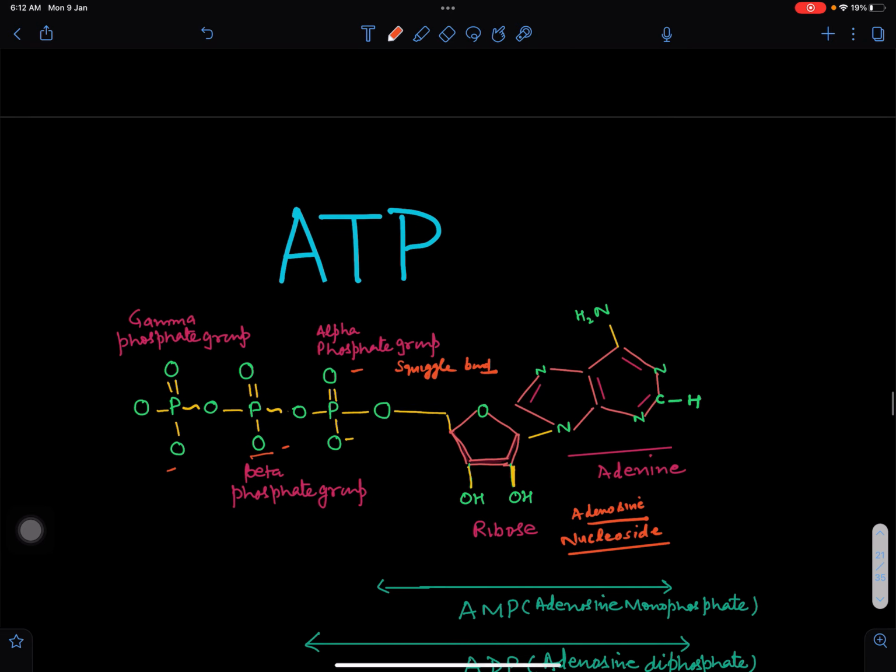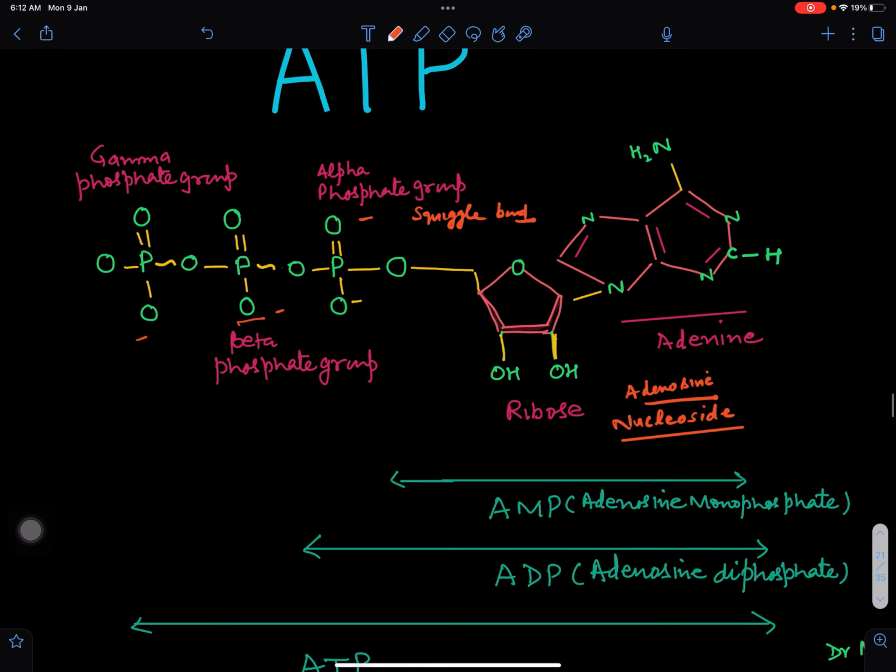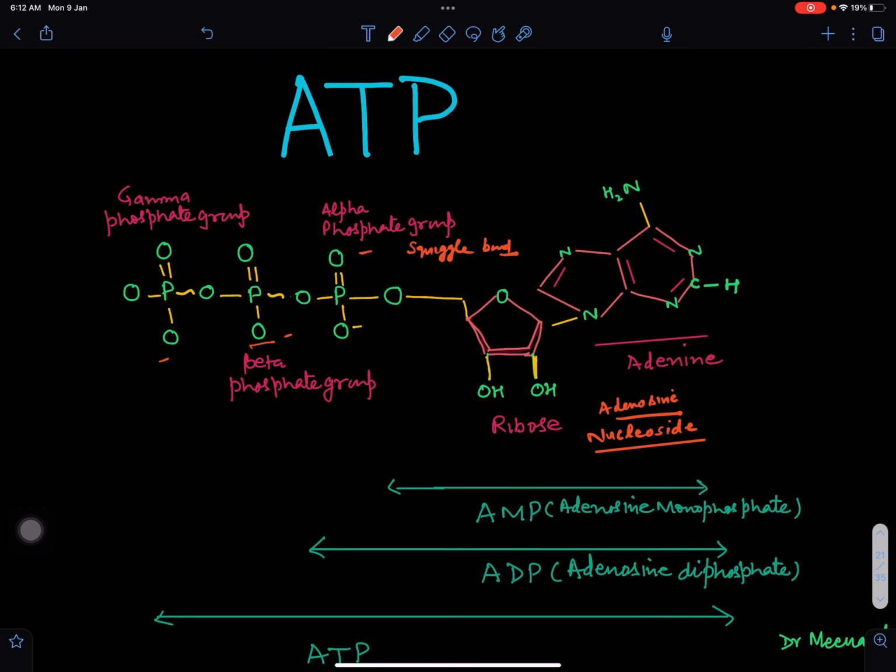So we can see here adenine and ribose have associated with three phosphates to form ATP, that is called adenosine triphosphate. And when this has associated with one phosphate, this is called AMP, that is adenosine monophosphate, right?